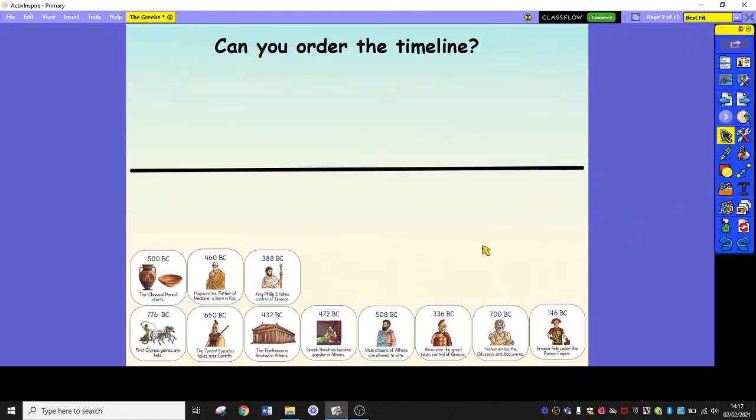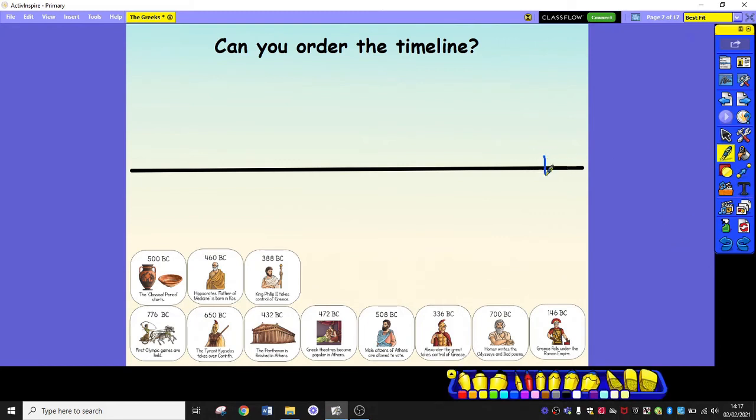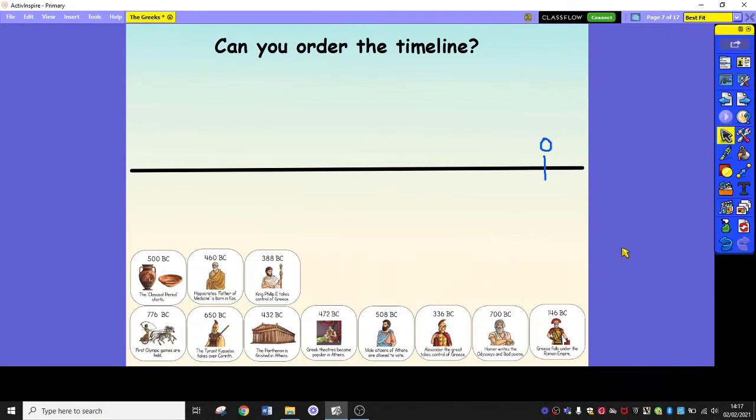So, if you were to now order this timeline, you'd need to pick a point, and you would say that this is when Jesus was born. And you can then go through and, using the dates, put them in the correct order. So 146 BC would be 146 years before Jesus was born.